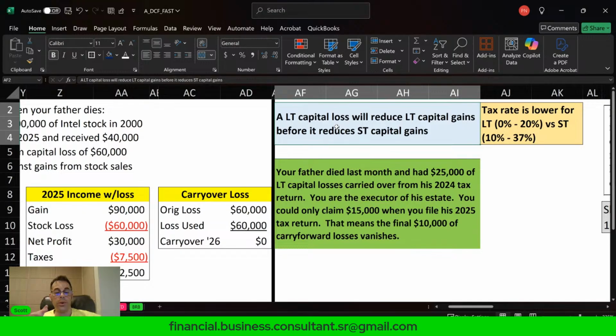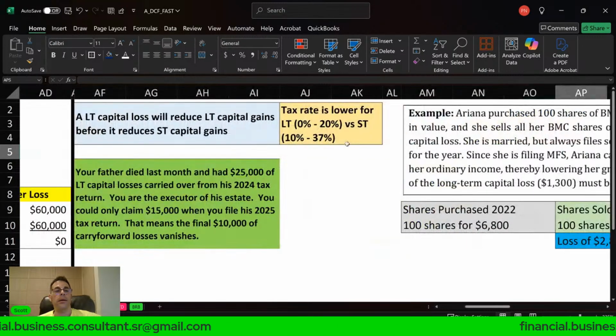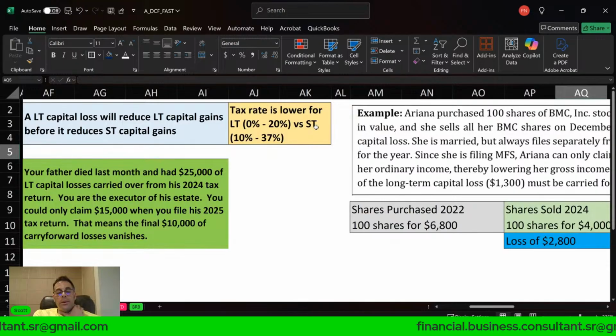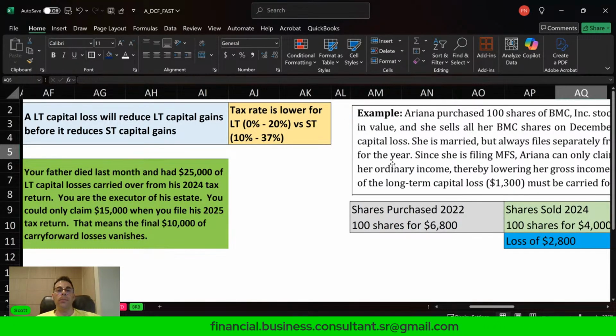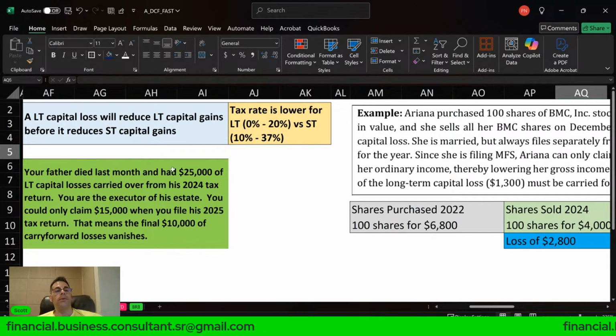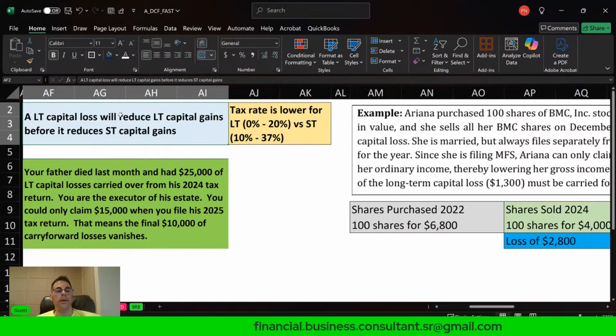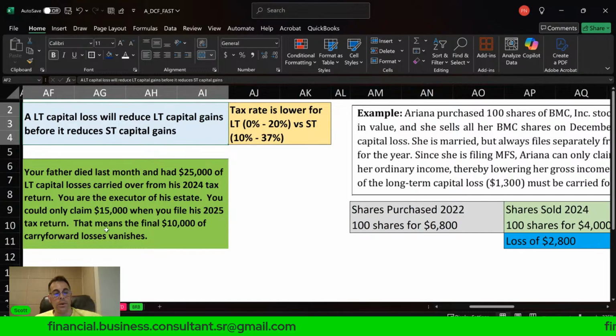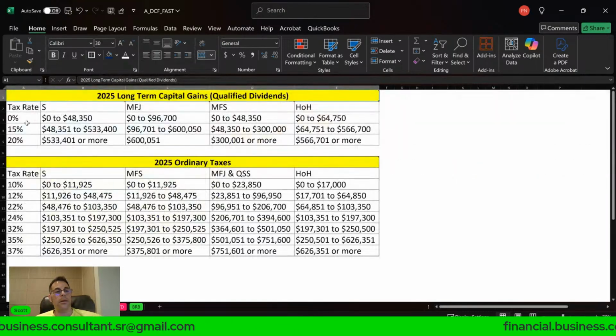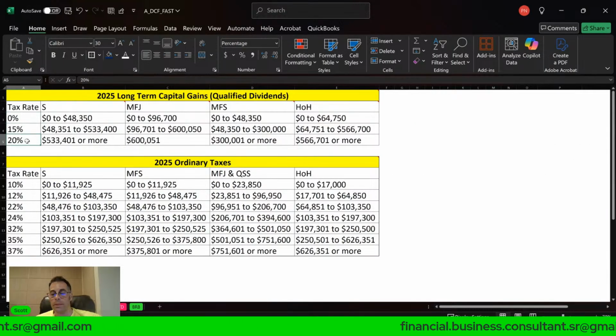It's never short-term when you inherit something. If you buy a stock and you sell it within a year and you have a gain, then you have to pay the highest tax rate, ordinary taxes. But when you inherit, it doesn't matter how long you hold it for, you always pay long-term taxes, which is what you want, right? Because long-term taxes are 0%, 15%, and 20%.